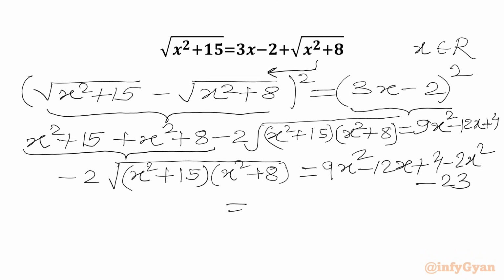Let me write our RHS as 9 minus 2, which is 7x square. Then we have minus 12x. Then we'll write minus 19.